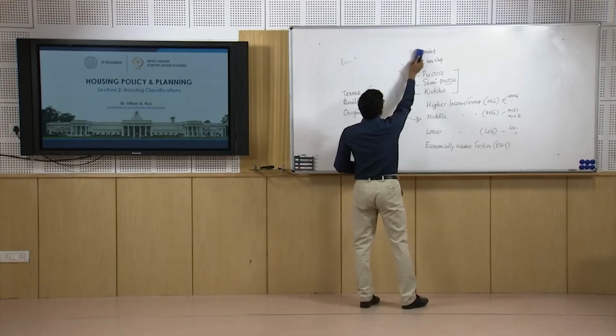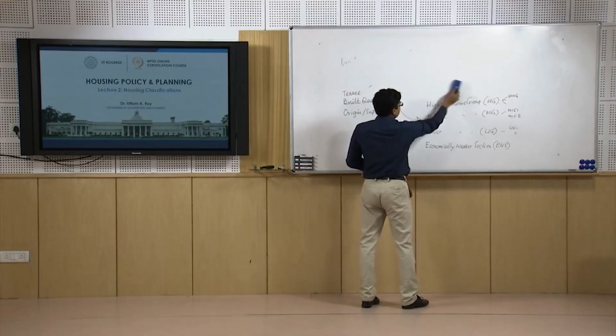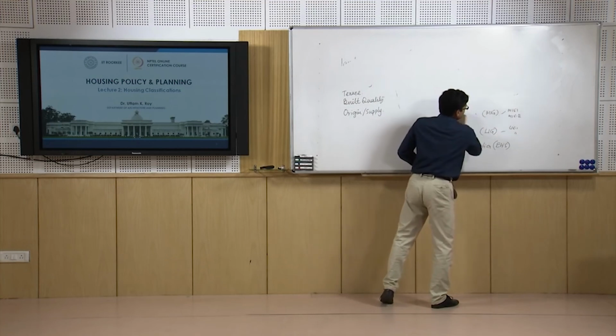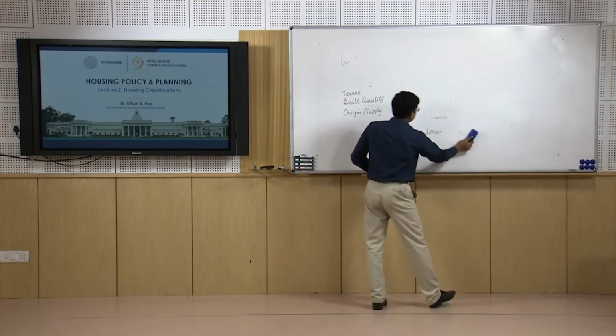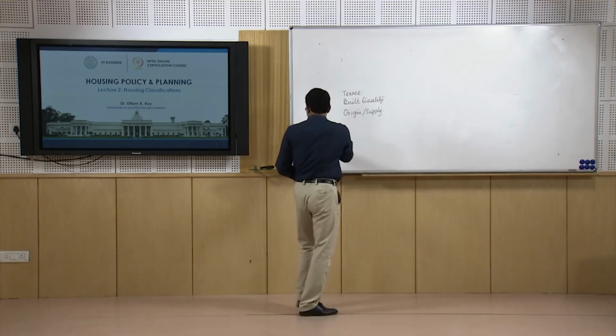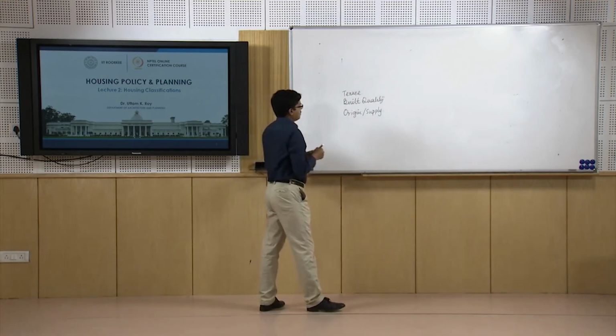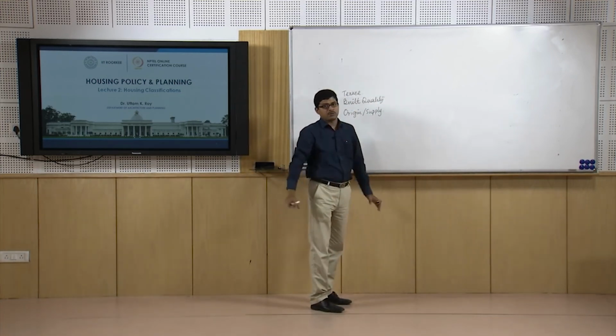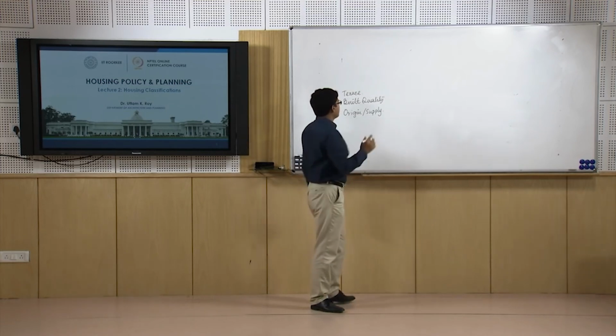subdivision. Now, the next approach to classify the house is the quality of the land ownership or the tenureship, which is basically how we see ownership from a tenure point of view.